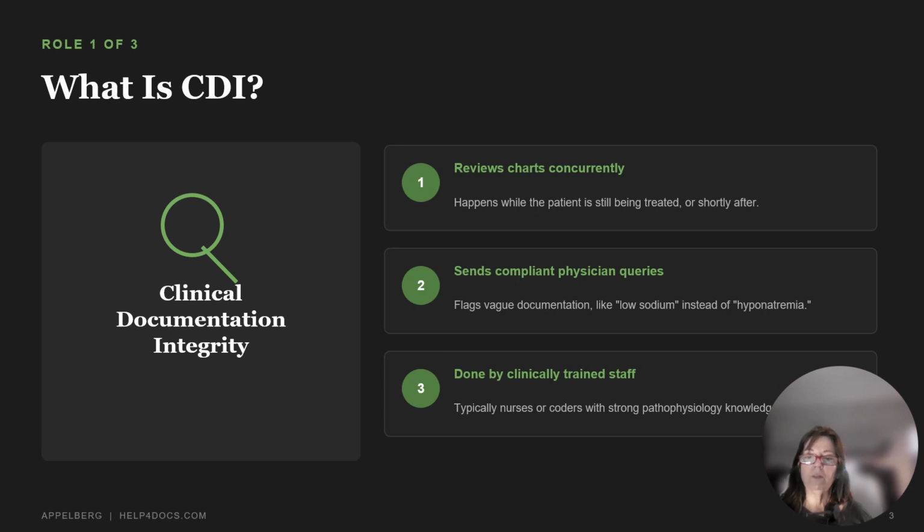Can you confirm and document the specific diagnosis? CDI specialists are typically nurses or coders with clinical backgrounds, because you genuinely need to understand pathophysiology to catch these gaps. Their whole job is making sure the chart tells the true, complete clinical story before that chart is ever coded.